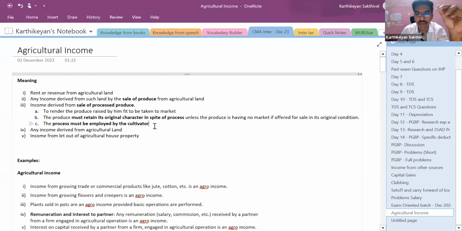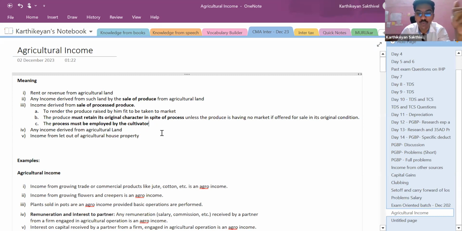So now, paddy, generally what they always do is, after harvesting they'll just beat it on a stone in the old age method. In the new age method, they'll just put it in the machine and get the paddy grains alone separately. That should be done by the cultivator himself or by his employees, which is true. But he cannot give it to the next person to process, because if he gives it to the next person to process, that means it could be sold by him without doing that process.